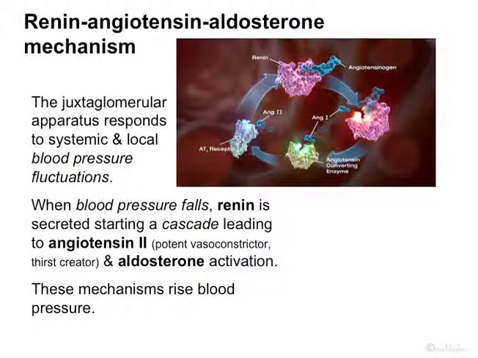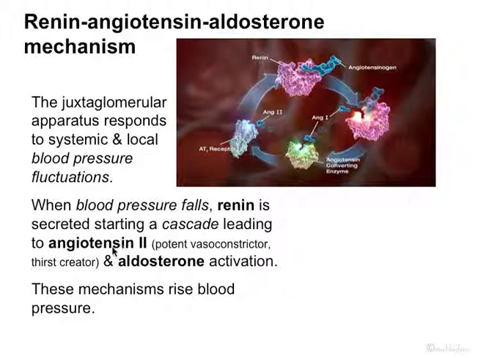Look at that. Here's the renin-angiotensin-aldosterone mechanism. We have an apparatus called the juxtaglomerular apparatus, and juxta means next to. That's a place right next to the glomerulus where we can measure systemic and local blood pressure fluctuations. When the blood pressure falls in those areas, renin is secreted by that apparatus, and that starts a cascading effect leading finally to aldosterone activation.